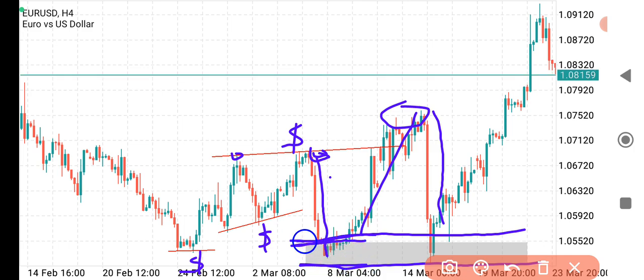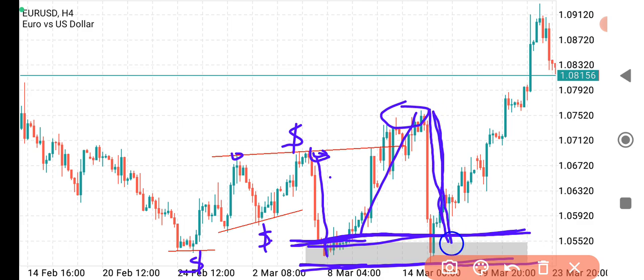So this institutional candle, which is the last candle that went up to take this liquidity, after taking this one, is still in a drawdown. So the market will come back to mitigate this other block, and this is exactly what happens here.